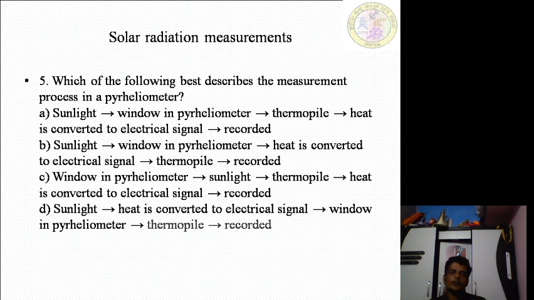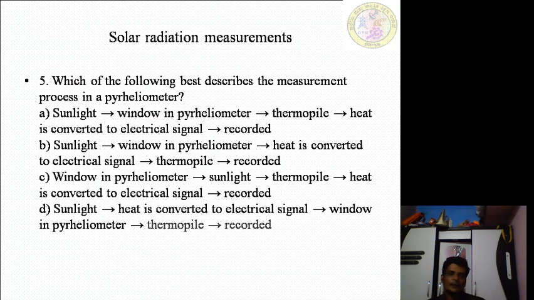We go to the next. Which of the following best describes the measurement process in a pyrheliometer? A. Sunlight, window in pyrheliometer, thermopile, heat is converted to electrical signal, recorded. B. Sunlight goes to the window in pyrheliometer, heat is converted to electrical signal, and then thermopile, and then recorded.